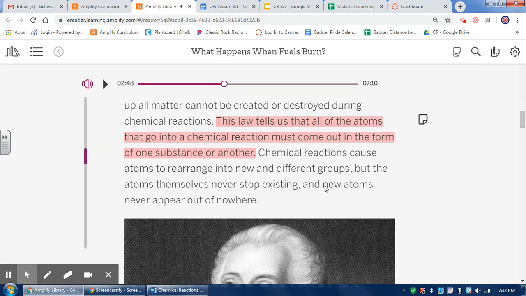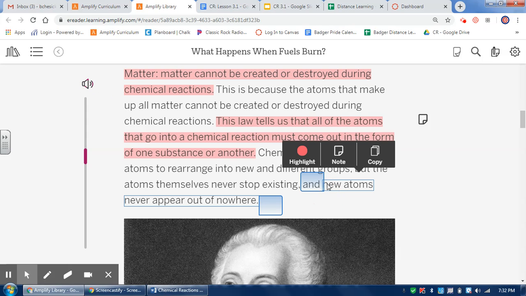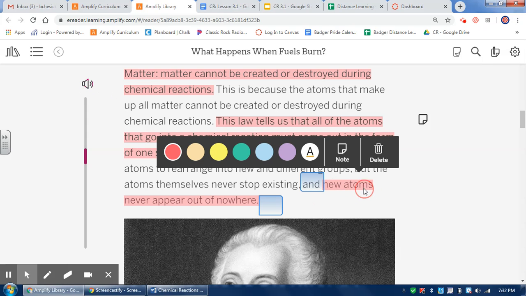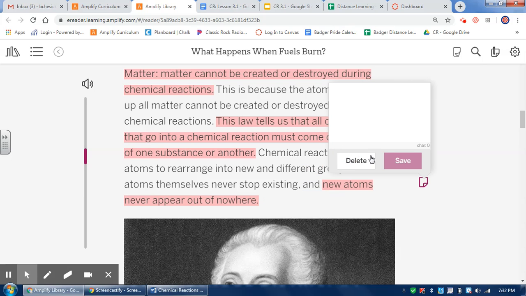Okay, and I'm going to highlight this because to me, if it says that new atoms never appear out of nowhere, my question would be, so there are the same amount of atoms?